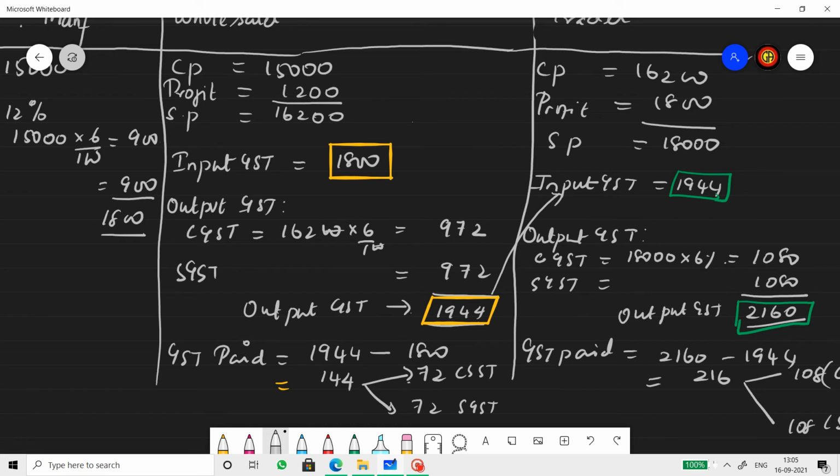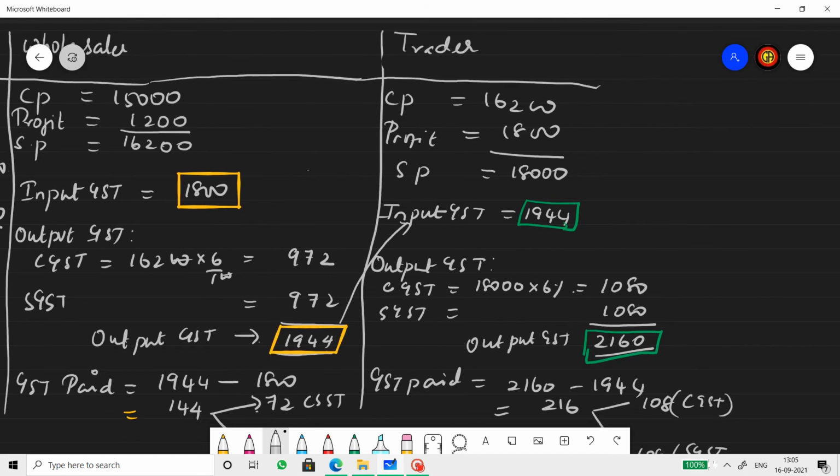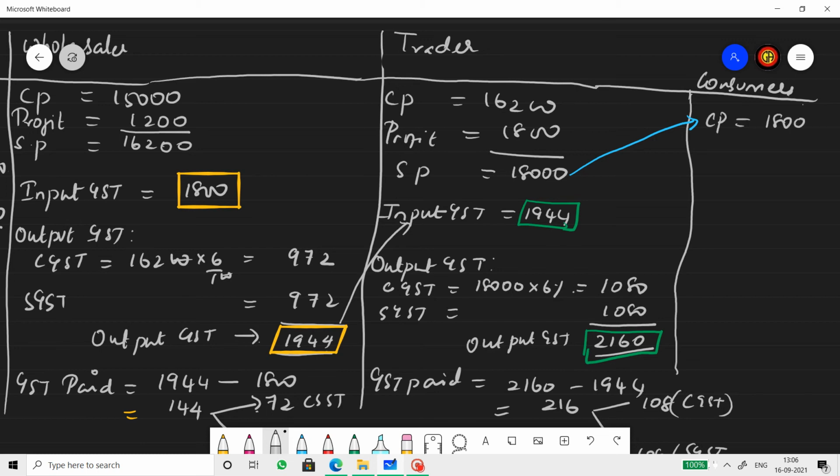Now the consumer, let's take a new column for him. Consumers. Now, what is the consumer's cost price? The selling price of the trader is the consumer's cost price. Isn't it? Trader is the one who sells to consumer. So trader's selling price is consumer's cost price. So that is 18,000.